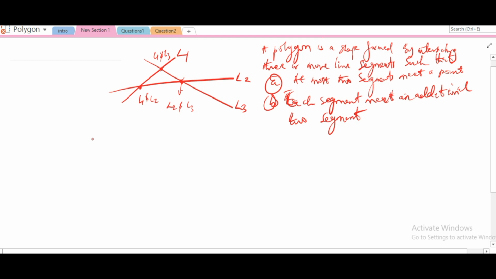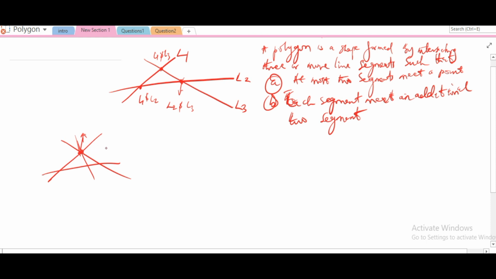But if you look at this, if you didn't specify at most two segments meet at a point, someone can still decide to call this a polygon, but it's not a polygon, because here it has violated the first part, which is it must be two segments, not three.